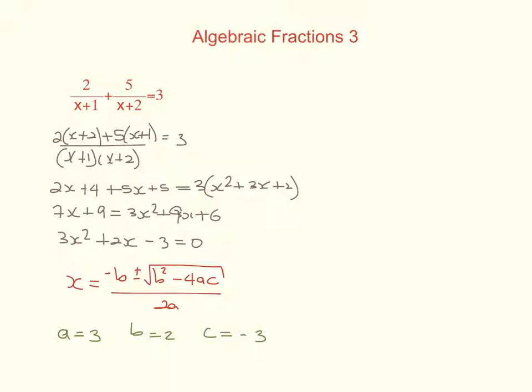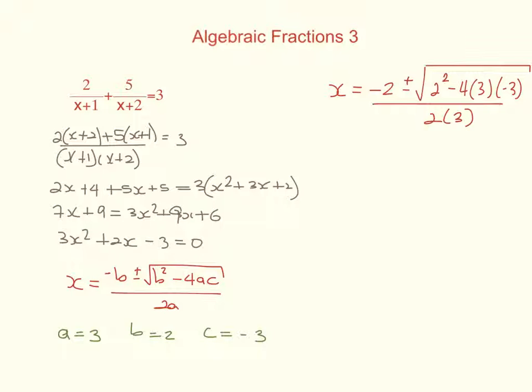And then what I'll end up doing is to say that x now is equal to, this says minus b, so minus 2 in this case, minus 2 plus or minus the square root of 2 squared minus 4 times a, which is 3, times c, which is minus 3, and all of that is divided by 2a, which is 2 times 3.